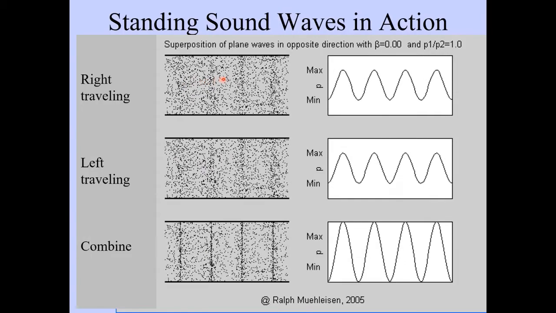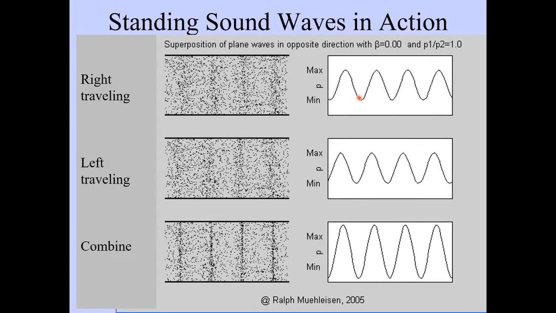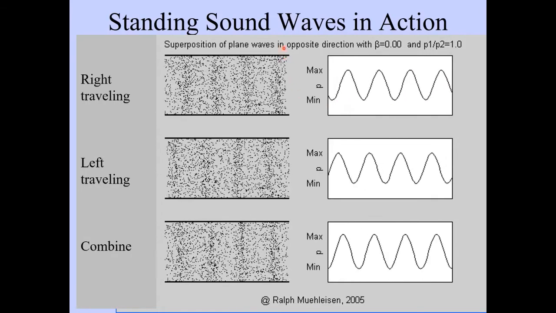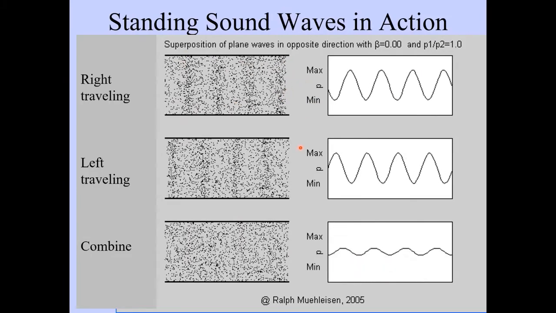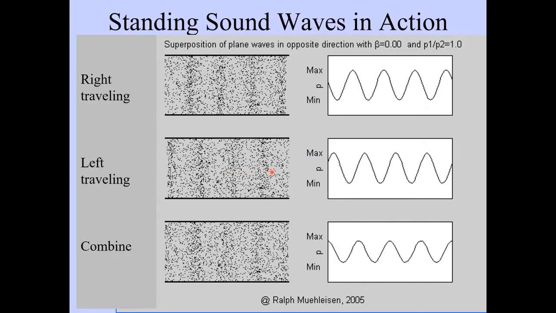You can see the compressions here are moving to the right. Here we can graph the pressure versus position, and we have a right traveling wave. If this sound wave bounces off the end of this tube, then we're going to have a left traveling wave coming back the other way, and that's what's shown here.